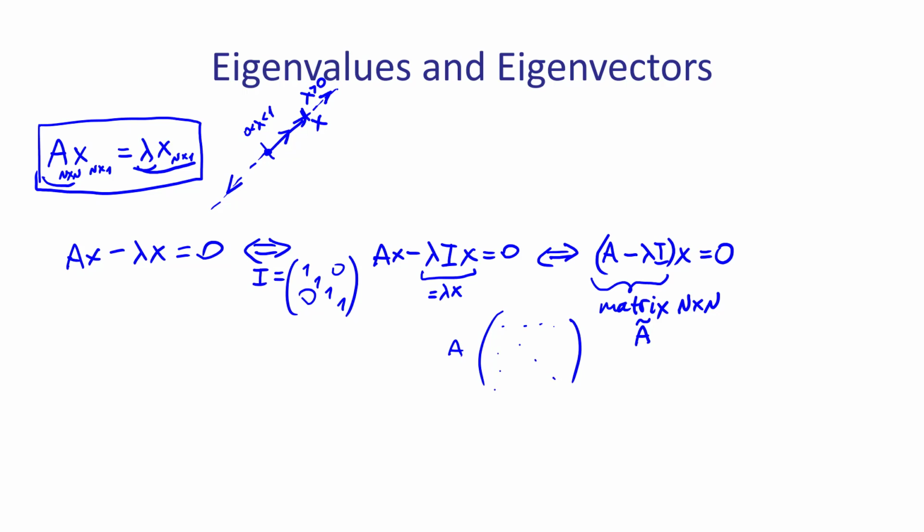We're just taking the main diagonal and from those numbers subtracting lambda, minus lambda, minus lambda, whatever it was, minus lambda on the main diagonal. This is what we basically did. And this is our matrix A tilde.